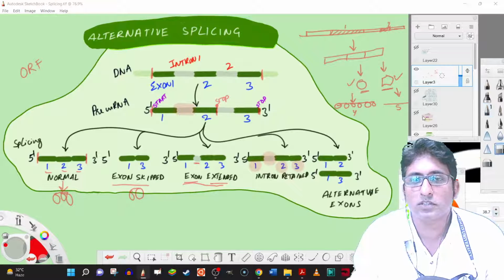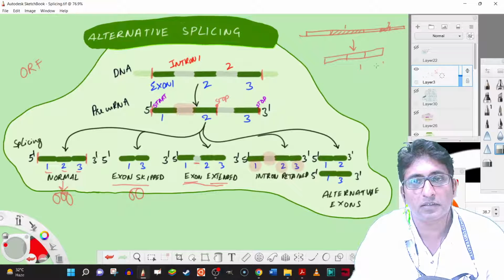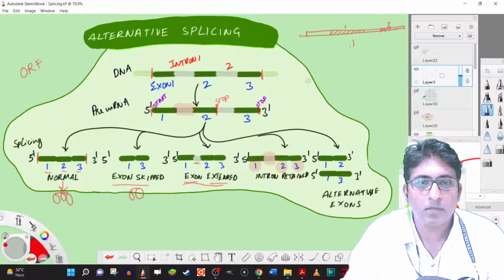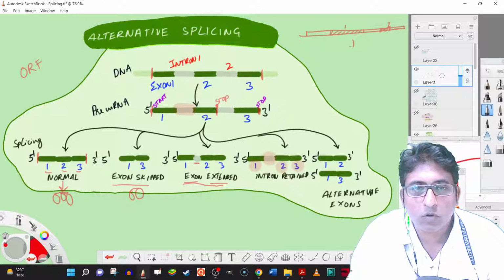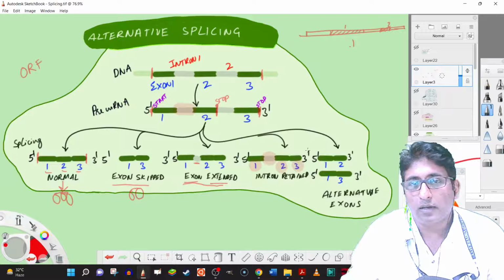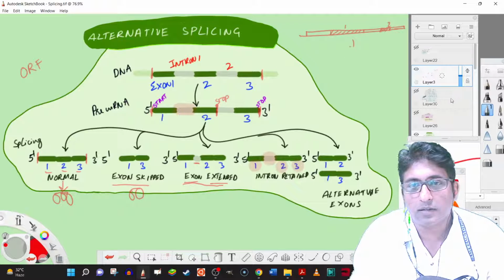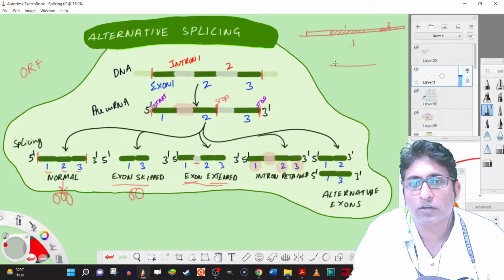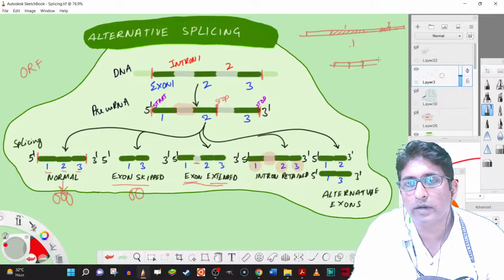And in those situations, the outcomes upon translation would also be different. Say, for example, if there was a stop codon here, and there is also a stop codon here, and assume that splicing has occurred, we would get exon 1, 2, and 3.